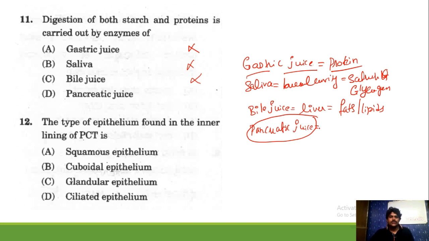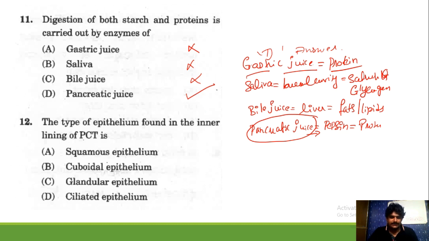It also has the ability to dissolve protein and starch. For example, pepsin is one of the contents of the pancreatic juice, which dissolves proteins. So the answer for this question is D. Okay, fine.